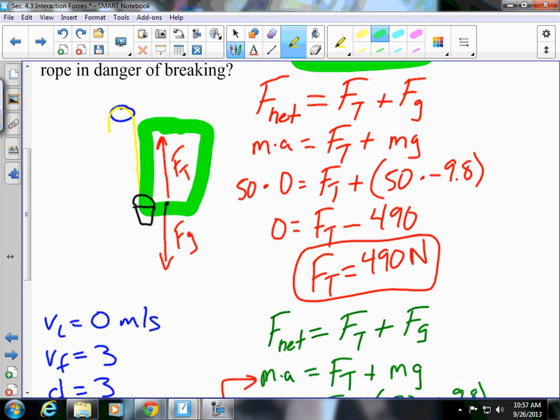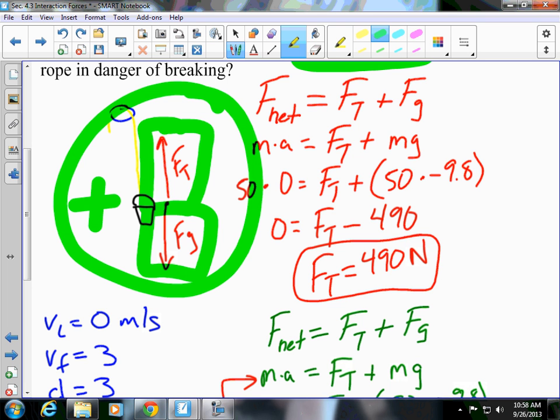We had our force of tension plus our force of gravity. Add those two forces together, and that was our equation for net force. So net force is equal to mass times acceleration, and when you set up the equation, it's the sum of all forces in play. So we will continue to work on that in class.